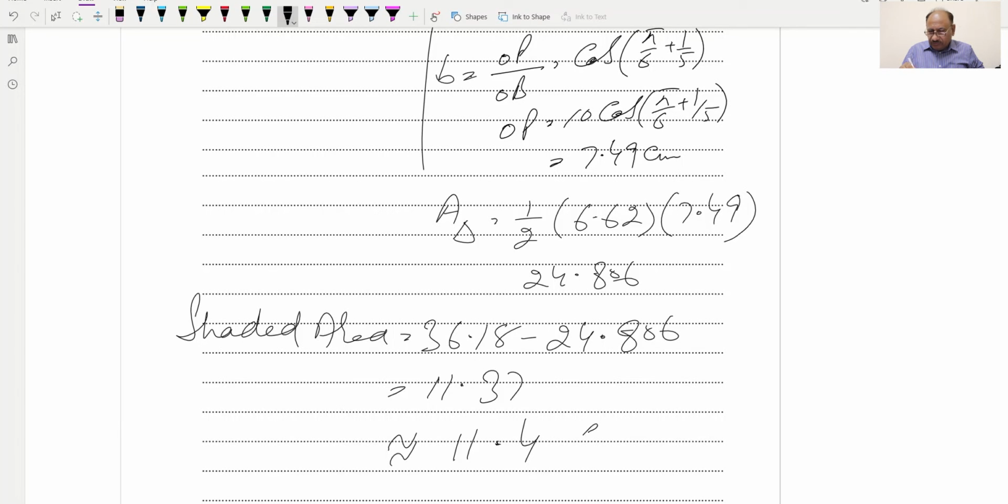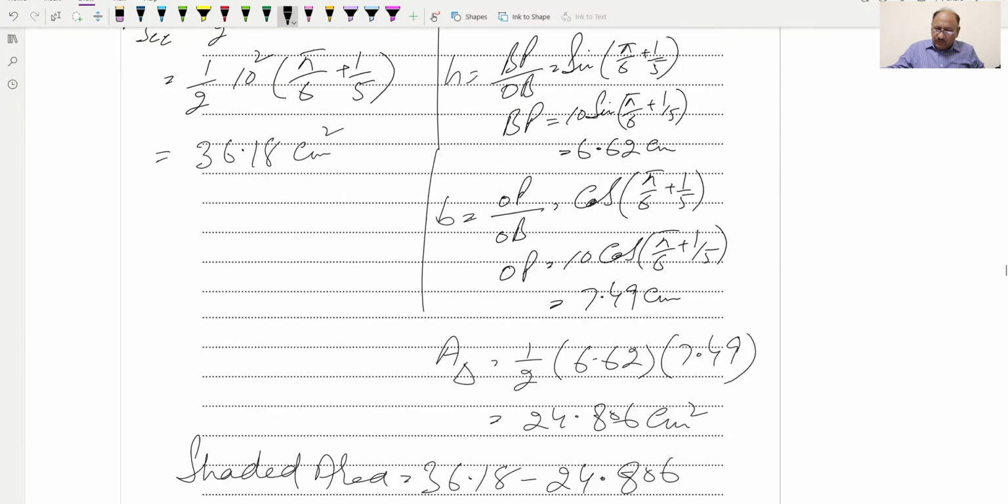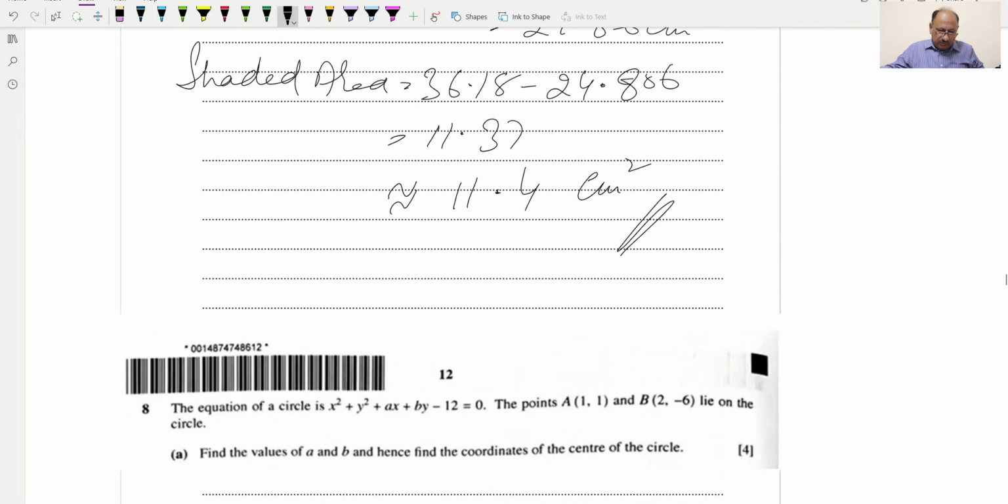So this will be centimeter square. This is the area, and everything is done. This is our final answer.